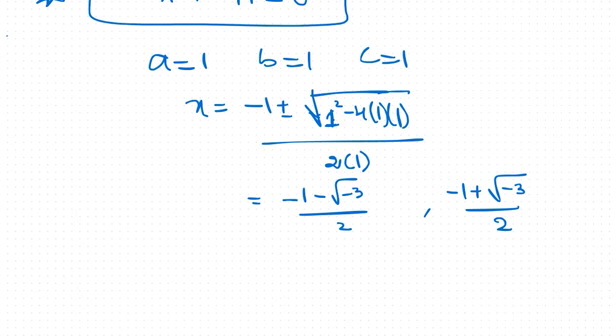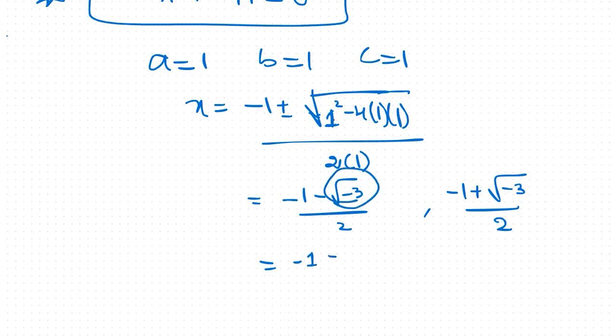Okay. So anyway, how to write this in terms of iota? Minus square root, right? How to do that? Minus 3 will be iota square into 3.